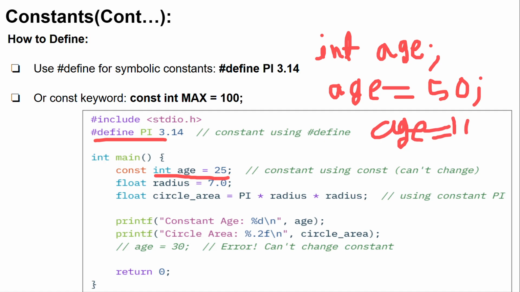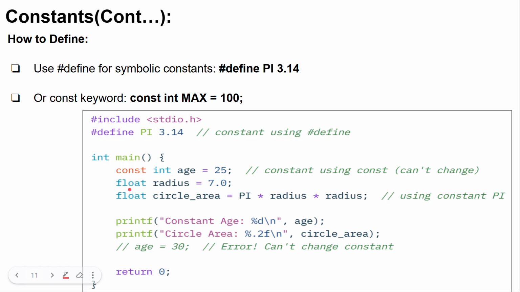It is allowed. You won't get any error. But when I put const before int age, then age is a fixed value. That means this value won't change. Its value is fixed, which is 25. Okay, so that is the meaning of constant.